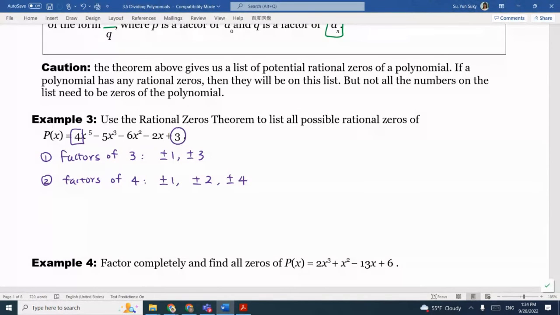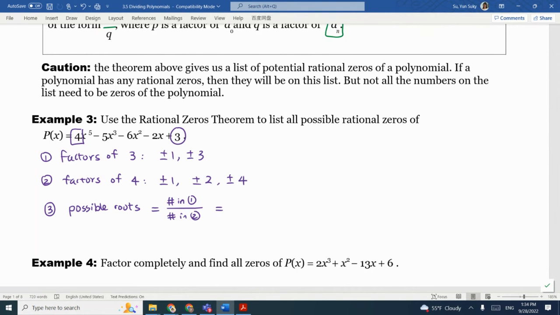So these are the factors of the constant term, and these are the factors of the leading coefficient. Then the rational zero theorem tells us that the possible roots are the numbers in step 1 divided by the numbers in step 2.